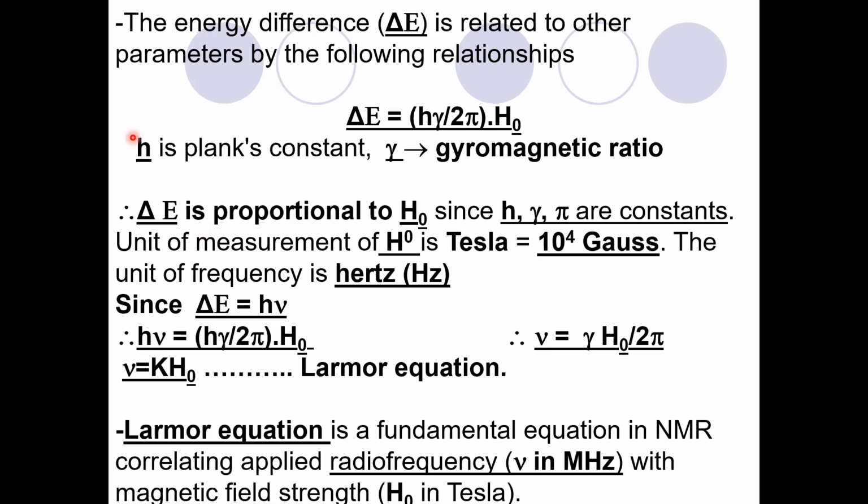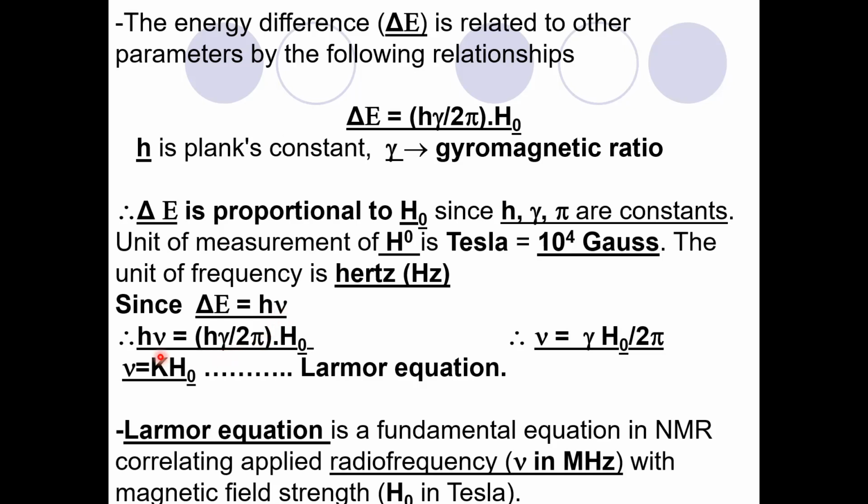The unit of measurement of magnetic field strength is Gauss, or Tesla, where one Tesla is equal to 10,000 Gauss, whereas the unit of frequency is Hertz. Also, delta E is equal to Planck's constant multiplied by nu, which is the frequency.